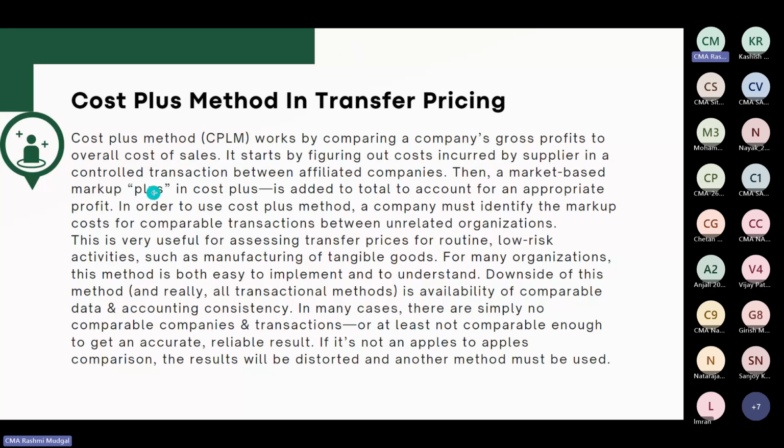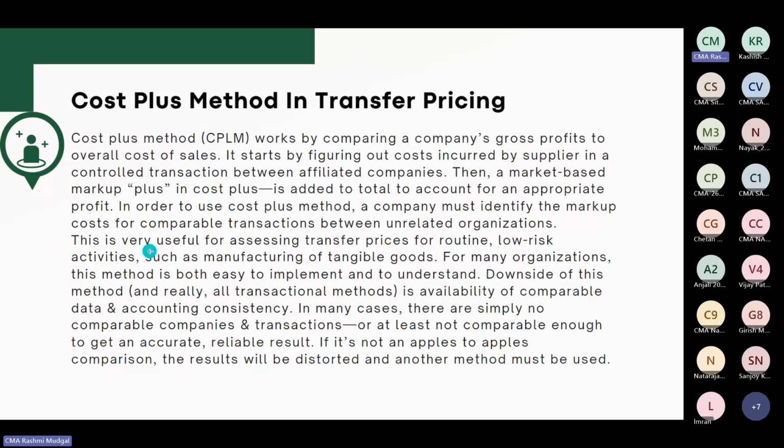In addition, as we can see, in order to use the cost plus method, a company must identify the markup cost for comparable transactions between unrelated organizations. This is very useful for assessing transfer price for routine work. Where routine work is there, I want to make a transfer price by this only.